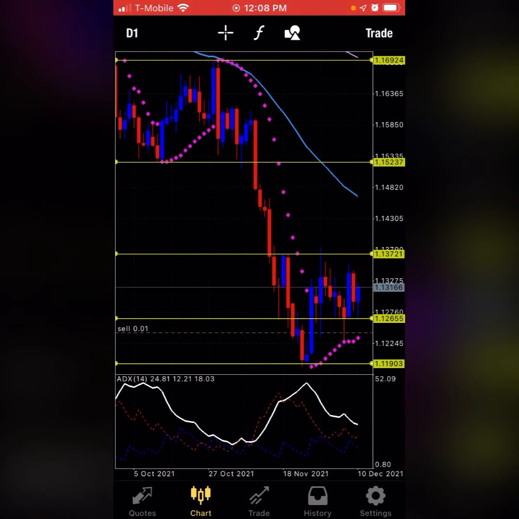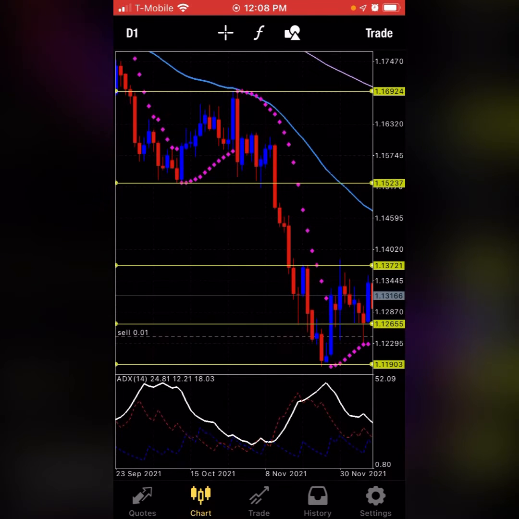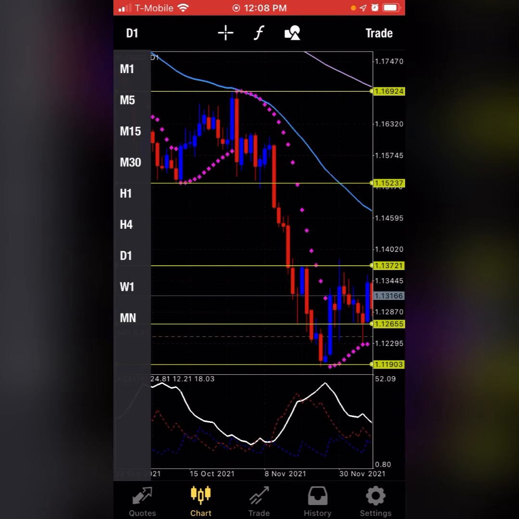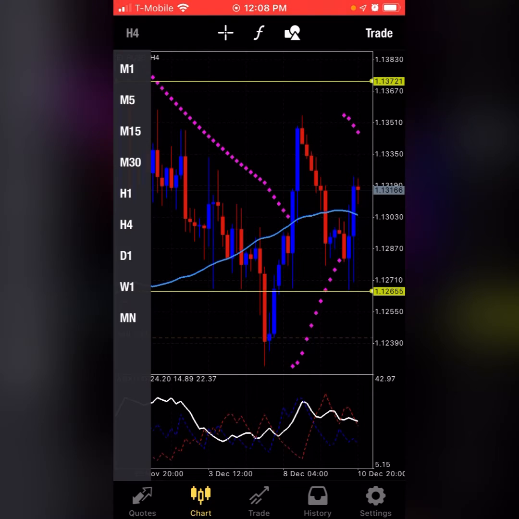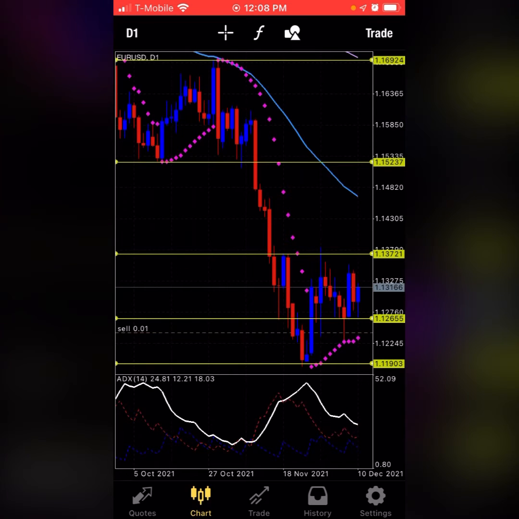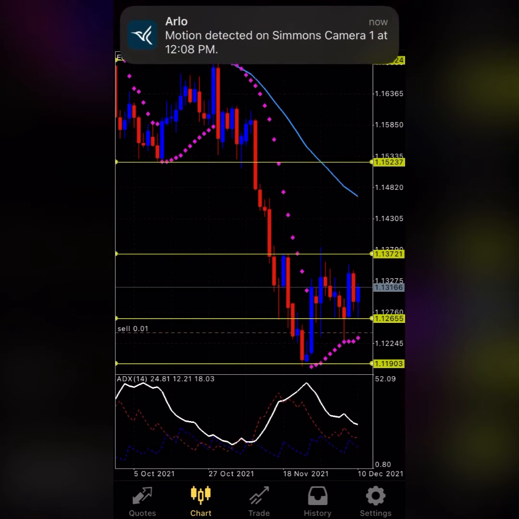So I'm on one of my pairs that are beginner friendly, and I'm on the H4, which is the 4-hour time frame, so you can see the pair here, which is Euro USD. But I'm going to go back to the daily. D1 stands for daily time frame.